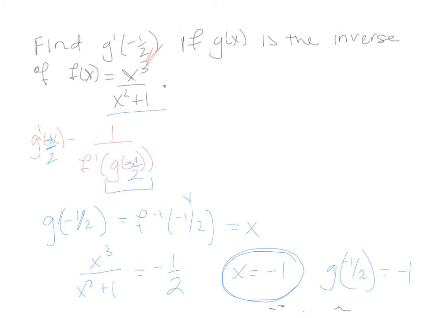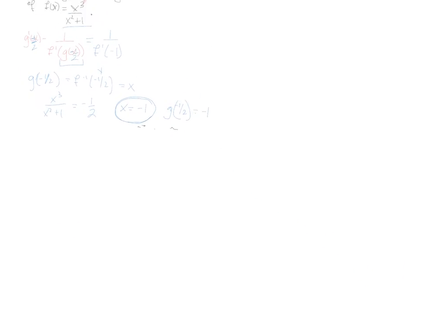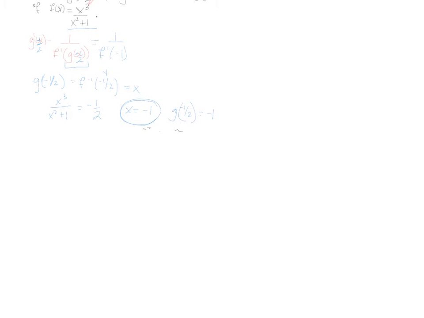So going back to that definition of an inverse. All right, so now I know that g of negative 1/2 is negative 1. So I need 1 over f prime at negative 1. I'm going to give myself some room because I need to find f prime.